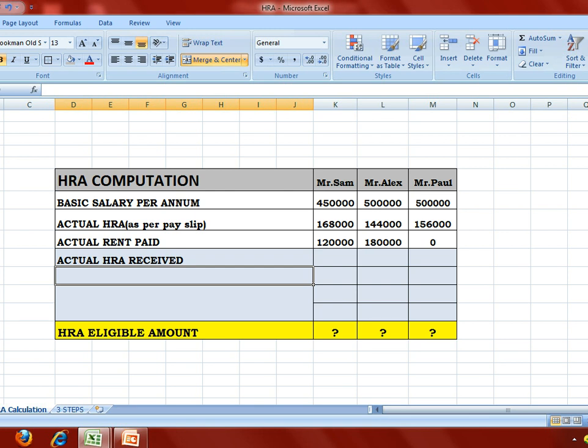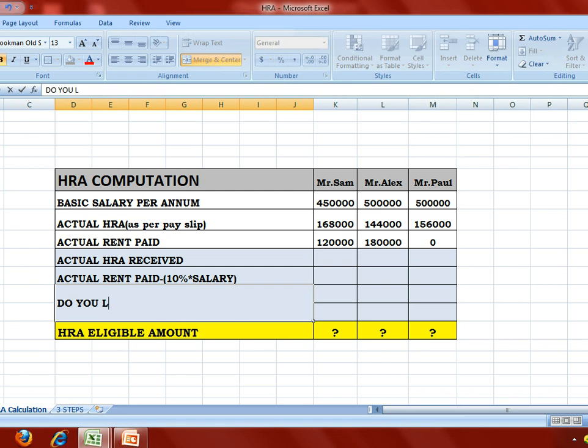The second one would be actual rent paid minus 10% of salary, and the third one is: ask yourself, do you live in metro or not?